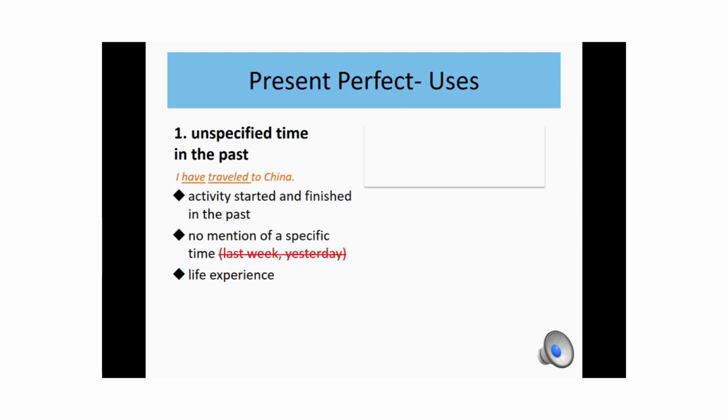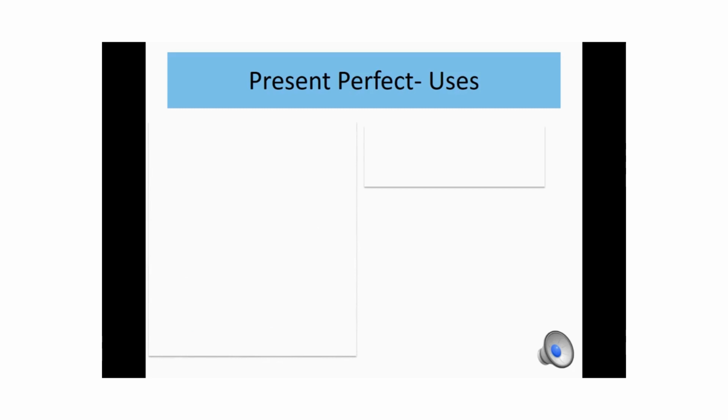We can also use the present perfect in this way to describe repeated events in the past. For example, I have traveled to China 3 times. Okay, let's look at the other use of the present perfect, using since or for.